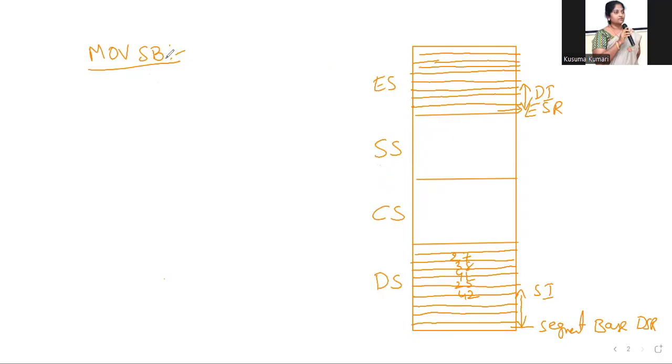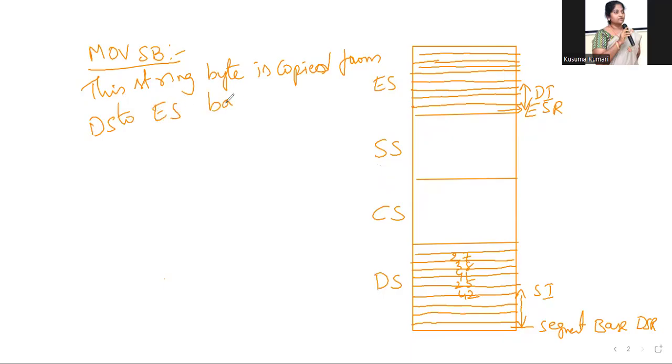Suppose I am giving the move string byte. Move string byte means this string byte is copied from data segment to extra segment based on the direction flag. Already we have discussed the direction flag in the previous videos.